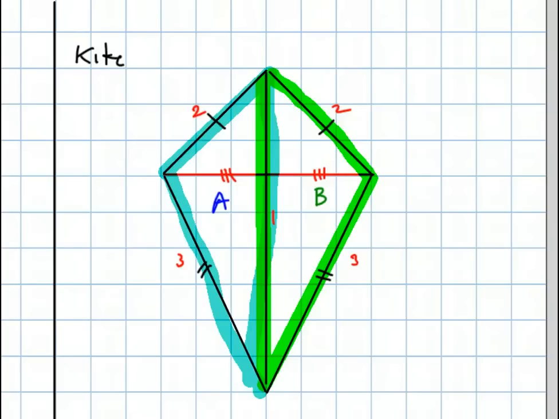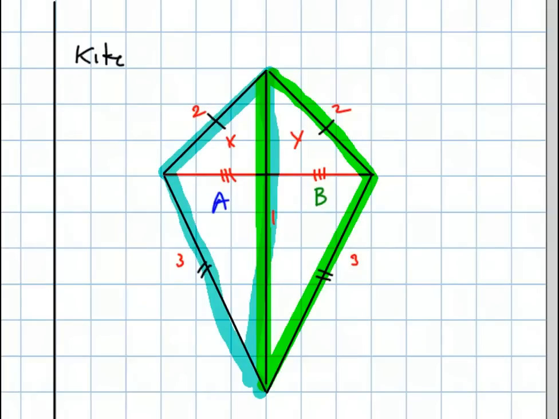And, well, can I show any more? How am I going to prove that these meet at right angles? Well, I need to prove something about triangles X and Y. Now, can I prove that they're congruent? Well, yeah.